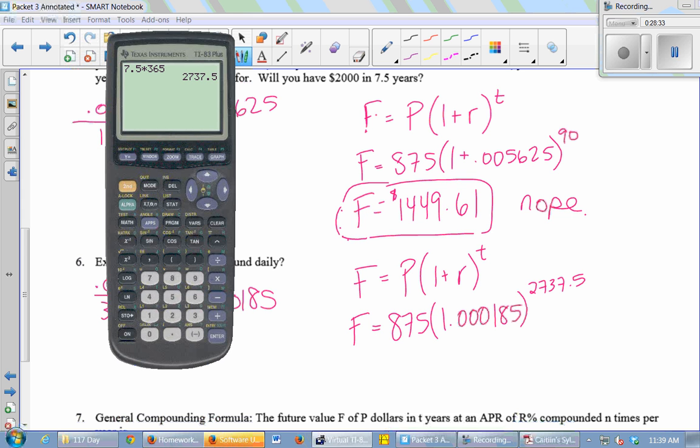All right, so I do 1.000185 raised to the 2737.5. Order of operations says you have to do this exponent before you do the multiplication.